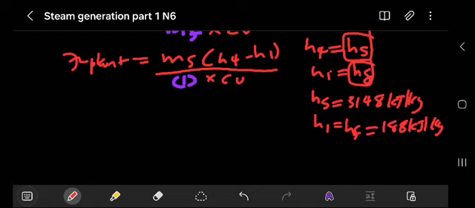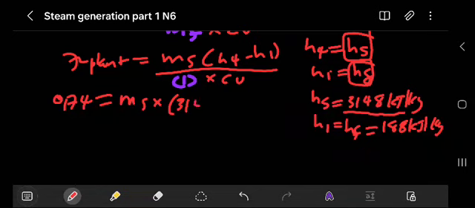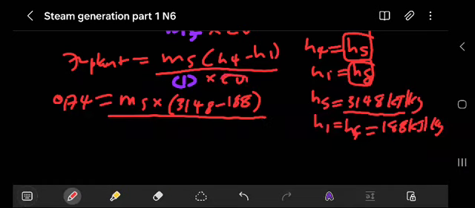So we can substitute our efficiency. It is 0.74, so 74%. We're looking for the mass of the steam multiplied by H4 minus H1, here it's 3148 minus 188, divided by the calorific value.